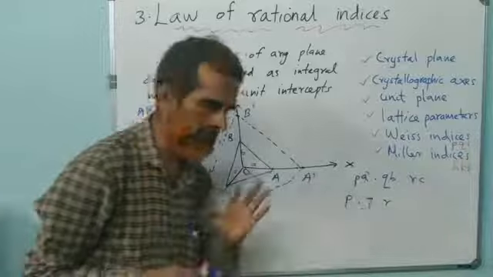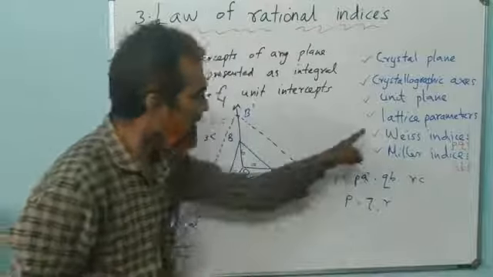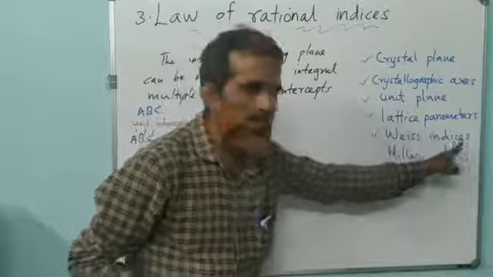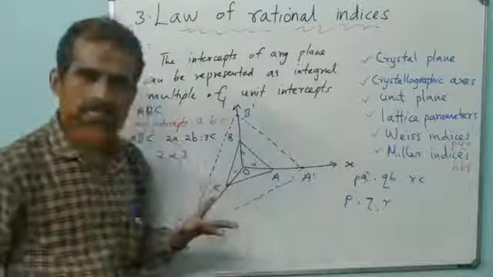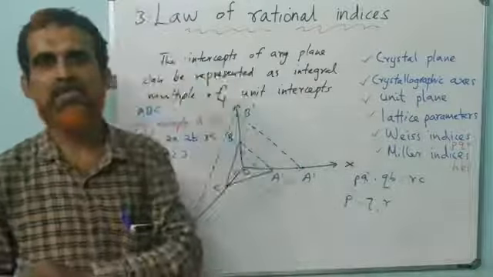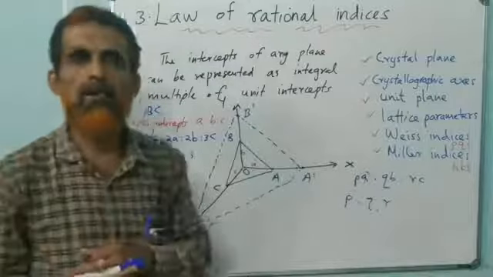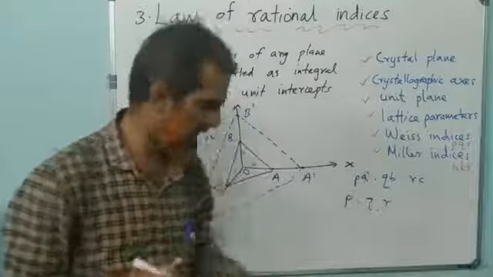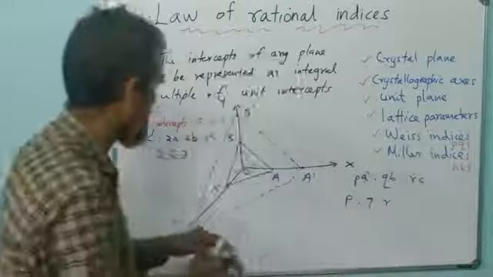Okay, so that is the point. Now here we introduce a term, that is Weiss indices. These whole numbers, the intercepts of a given plane, are called Weiss indices. So that's to be noted now.